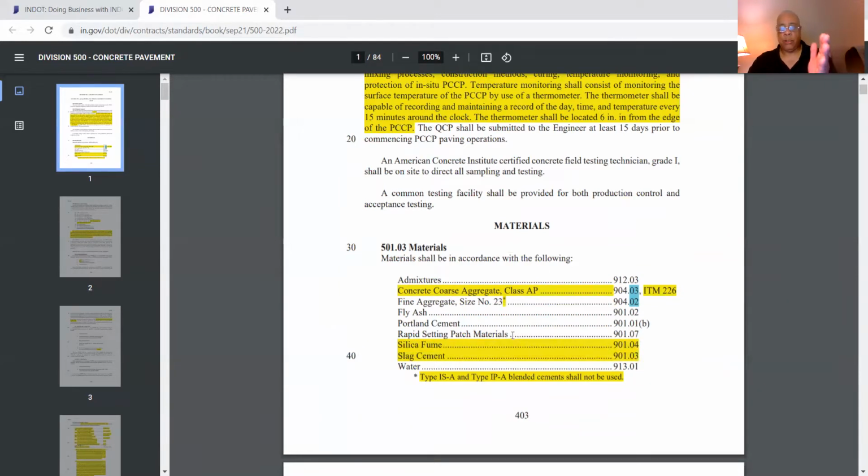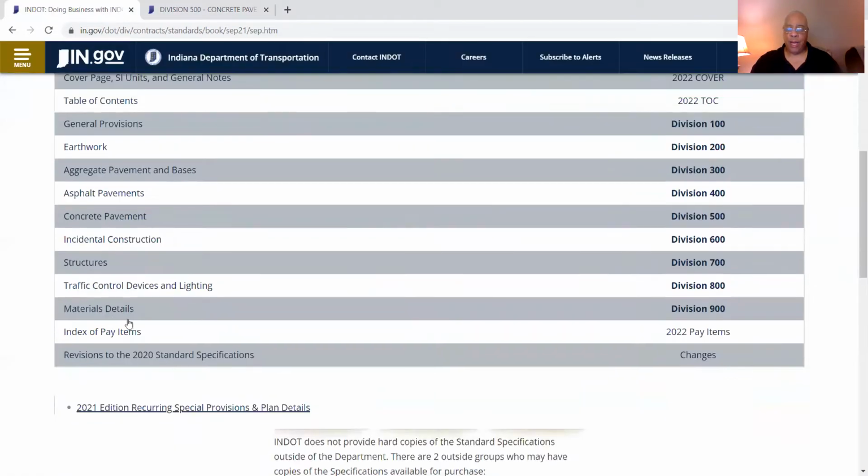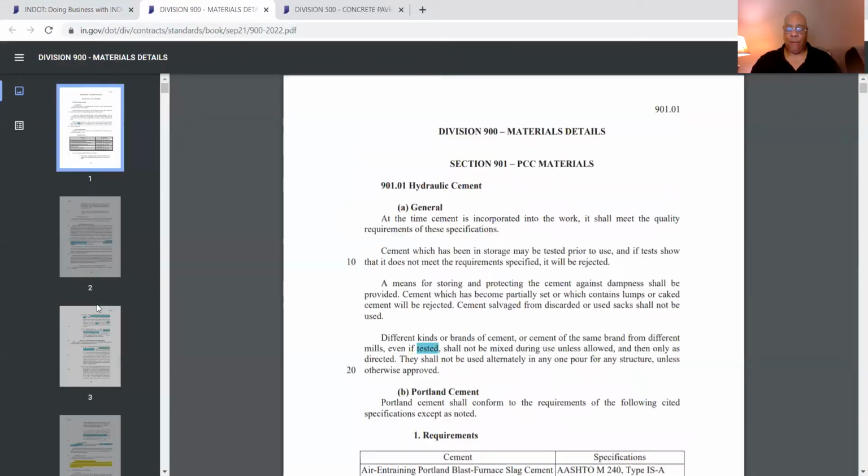Now, materials are in section 500. But if I need to find admixtures in the same specification, I'm going to go to section 900. This is where all of your materials are.